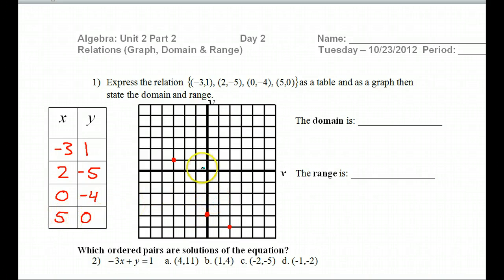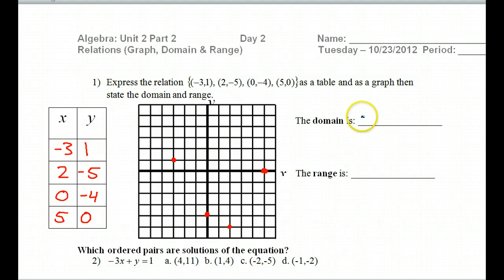And then 5, 0, that tells us to go 5 to the right and then nothing up or down. So that would be right here. Okay, so your graph should look something like this.